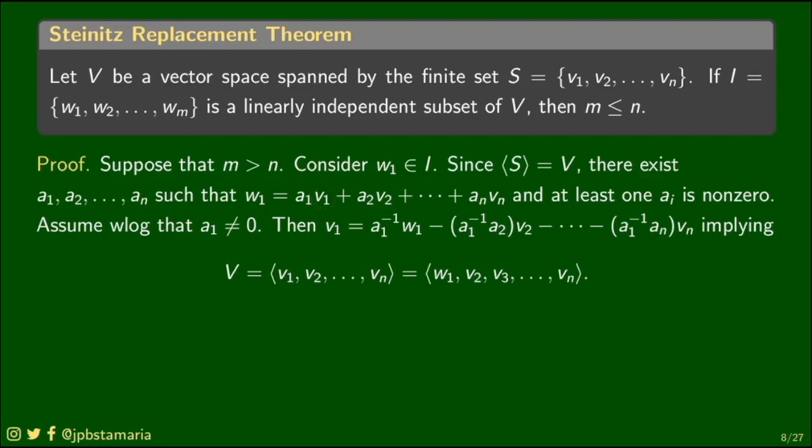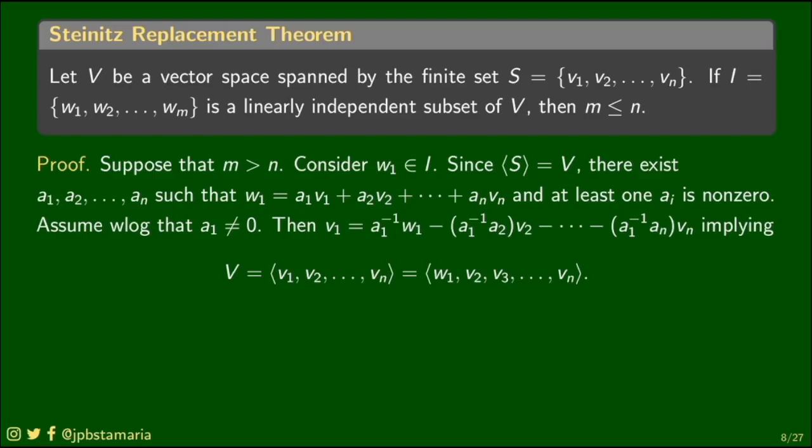So I did the computation in the backstage, and I was able to isolate V1 as such. This expression is possible because A1 is a non-zero scalar.